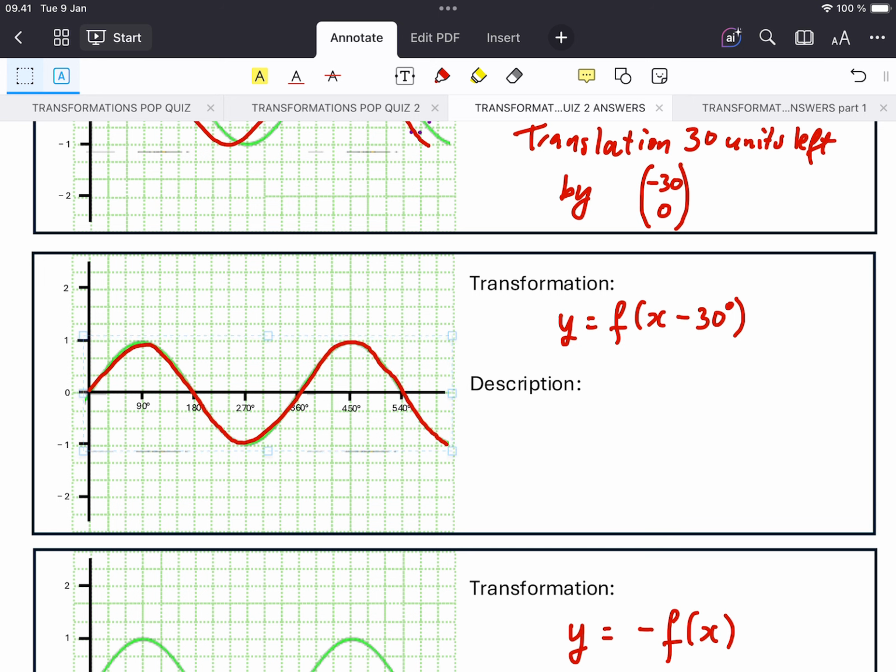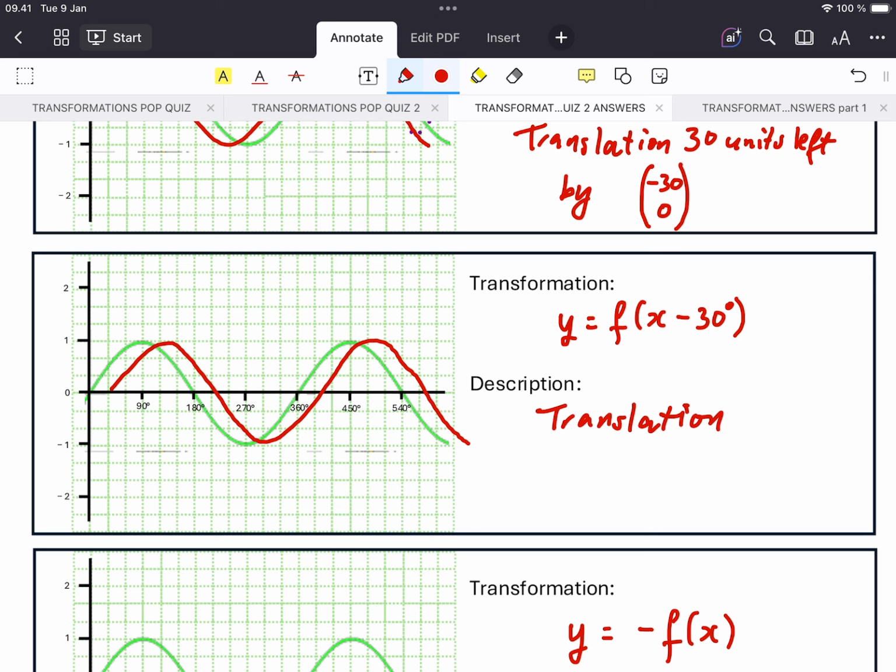But in spite of it saying minus 30, it actually goes in what you might think of as the positive direction, but to the right. So once again, that's a translation. And it's a translation by the vector 30, 0. It's gone 30 across to the right, and then 0 up or down.